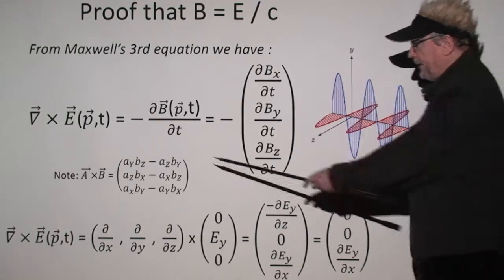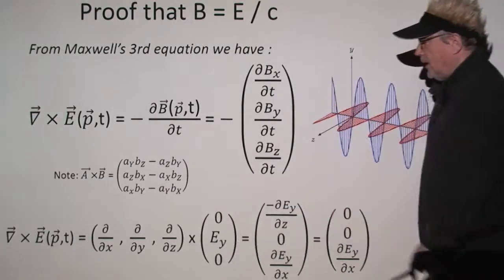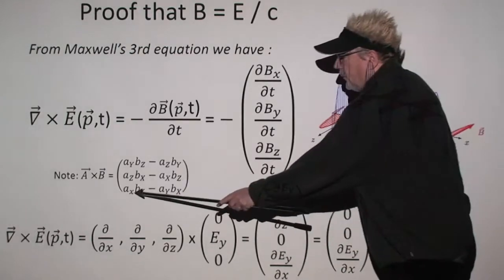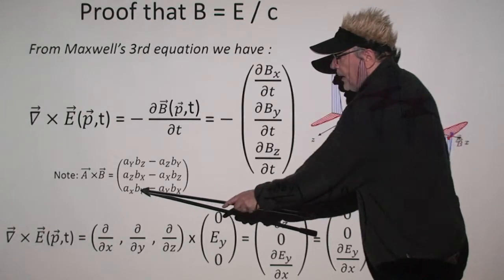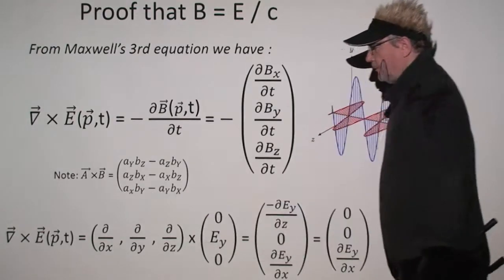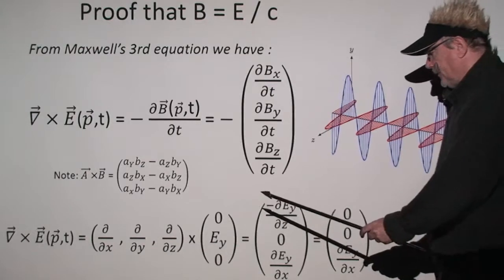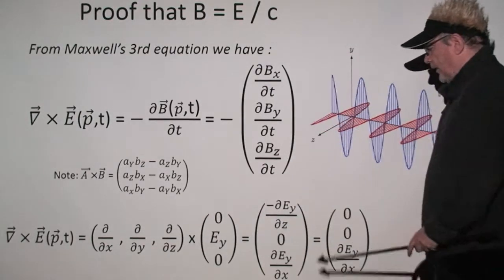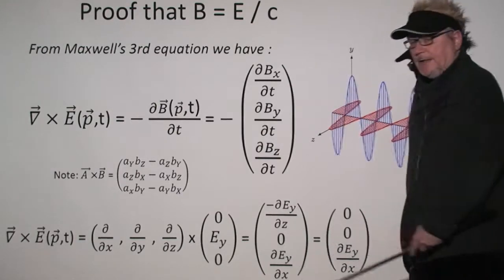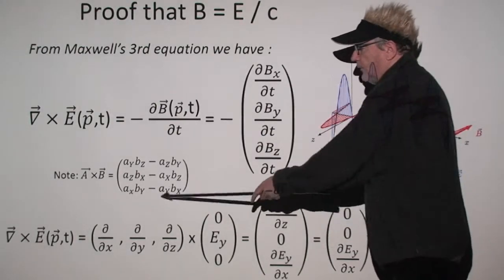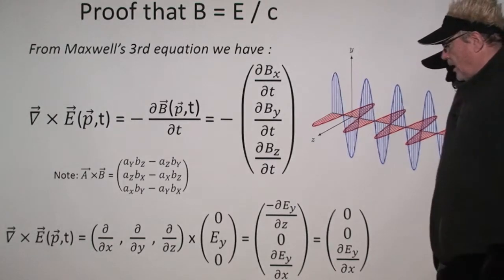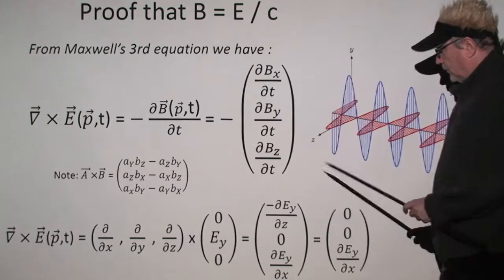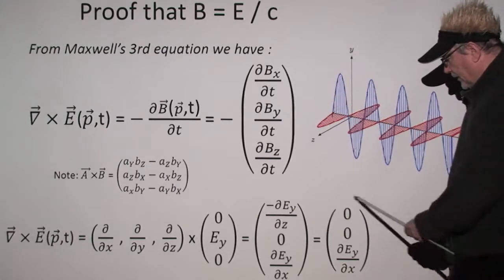If we apply that to this cross product, for this particular coordinate we take the first coordinate of the first vector multiplied by the second coordinate of the second vector. So that would be d over dx by Ey, the partial derivative of Ey over dx, minus something which is 0. Seeing that this is also equal to 0, we get this final result.